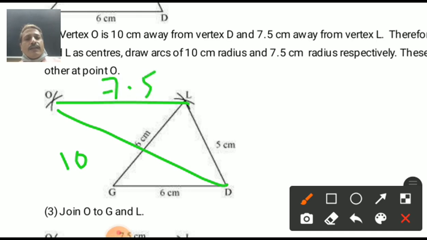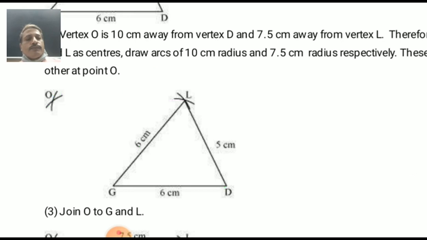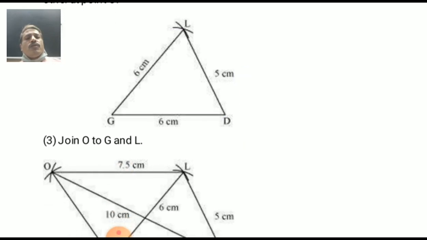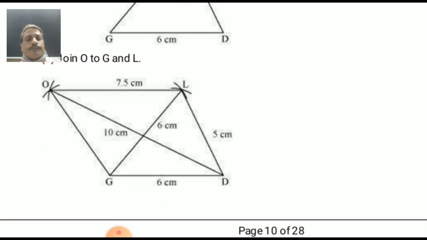This arc is 7.5 centimeter and this arc is 10 centimeter away from D and L. Good. Join OG and OL. Your quadrilateral is ready.